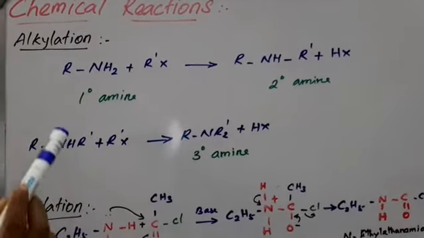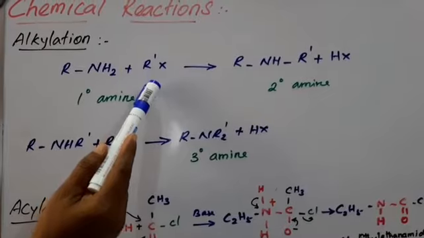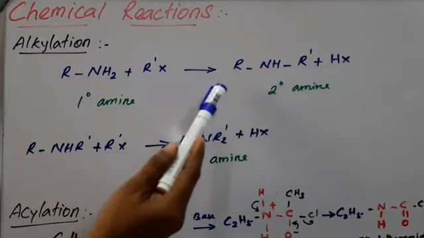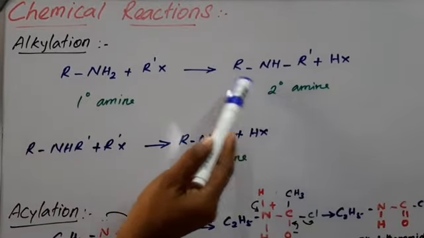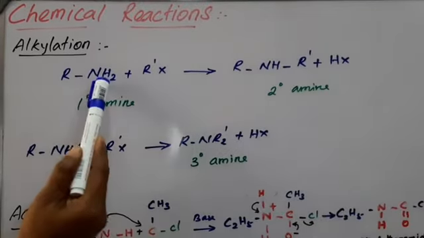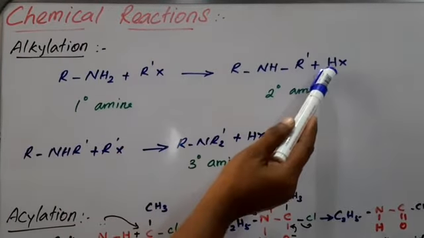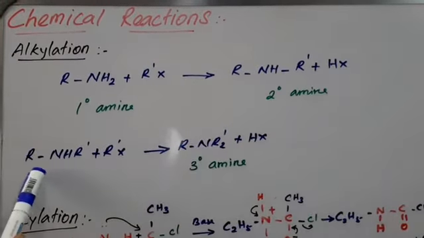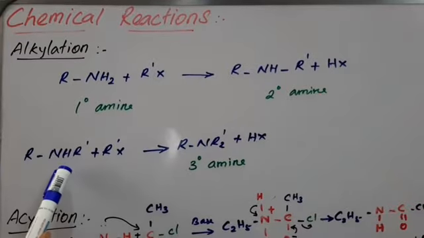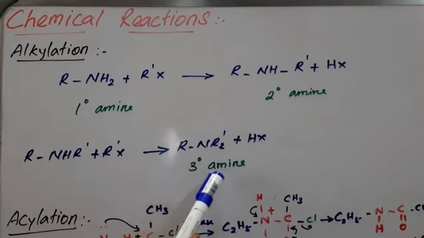Here you see the primary amine reacts with an alkyl halide to form a secondary amine. Here the hydrogen from the amine goes with the halogen as HX. At the same time, this secondary amine reacts with the same alkyl halide to produce a tertiary amine.